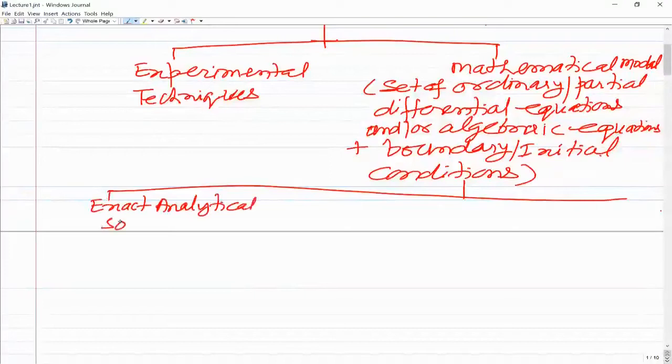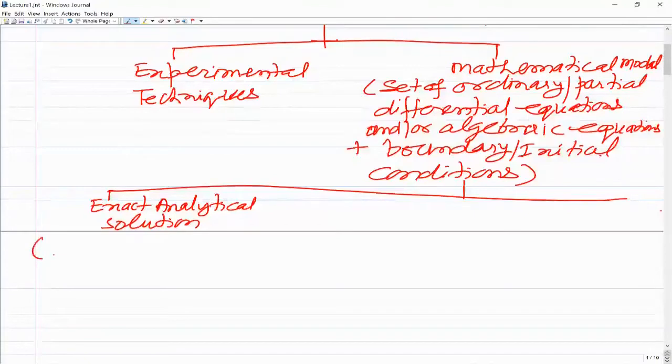But you will find that many times for real life systems it is difficult, or sometimes even impossible, to obtain the exact analytical solution.